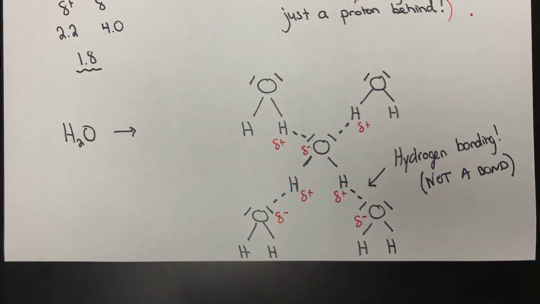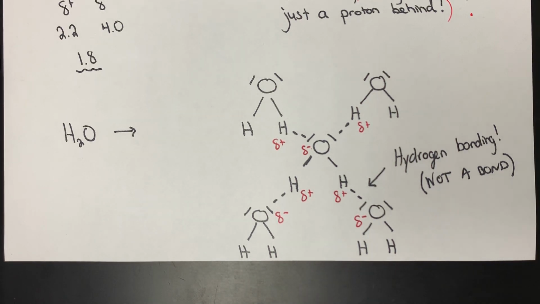Again, we have a really polarized bond. We have this really large charge separation. And as a result of being able to bond with 4 separate water molecules, this gives rise to a lot of the unique properties exhibited by water, okay?